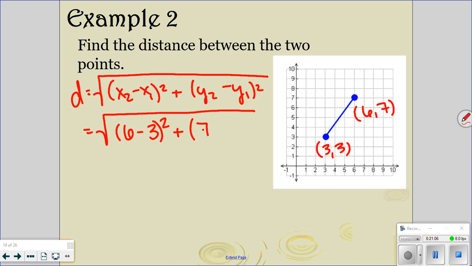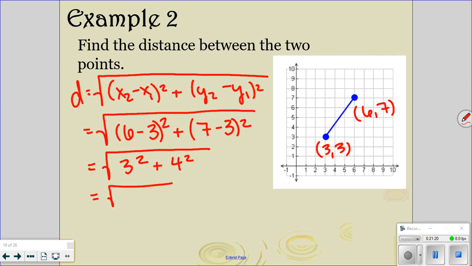My y2 is 7, and my other y value is 3 squared. So 6 minus 3 is 3, and 7 minus 3 is 4. So 3 squared would be 9, and 4 squared would be 16. And then 9 plus 16 is 25, and the square root of 25 is 5. So that would be the distance between the 2 points.